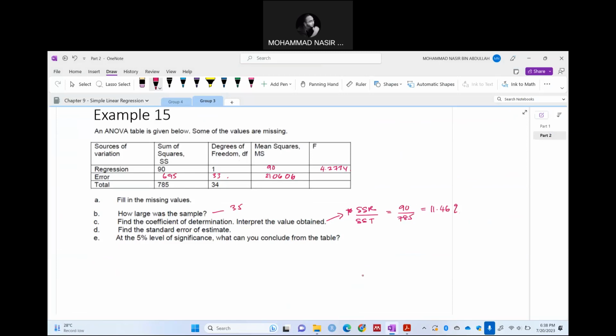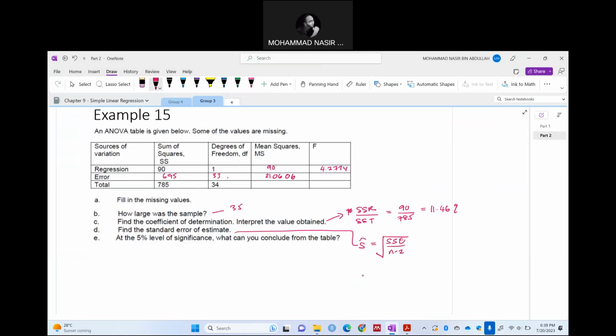So find the standard error of estimate. How to find it? This should be equal to the square root of sum of square error divided by n minus 2.